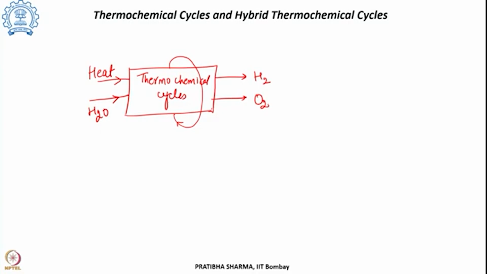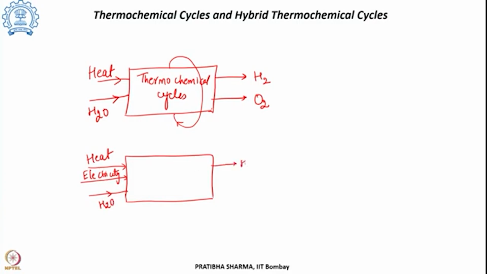So, this is a pure thermochemical cycle. However, if the required input also comes in the form of heat and electricity, along with water, and we get output as hydrogen and oxygen, again with the materials undergoing a complete cycle, then these are known as hybrid thermochemical cycles.